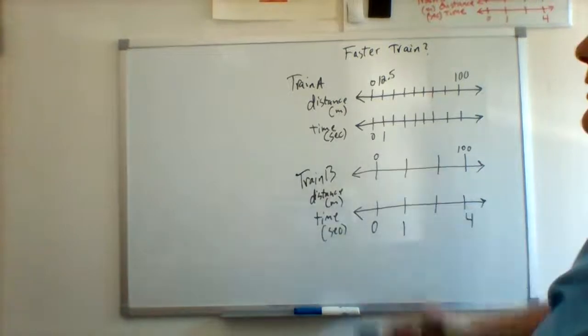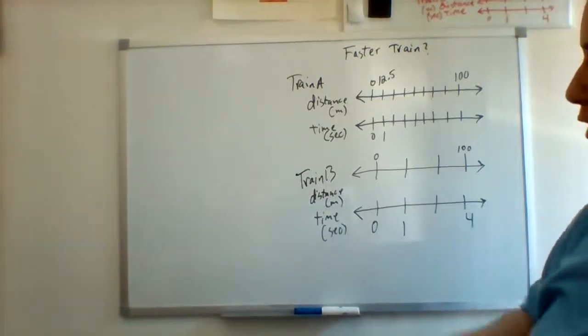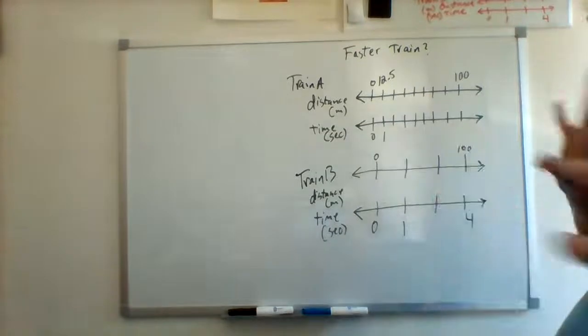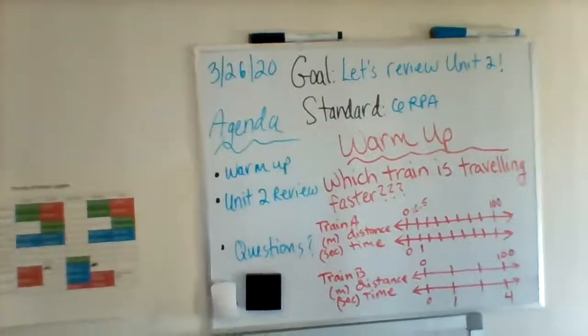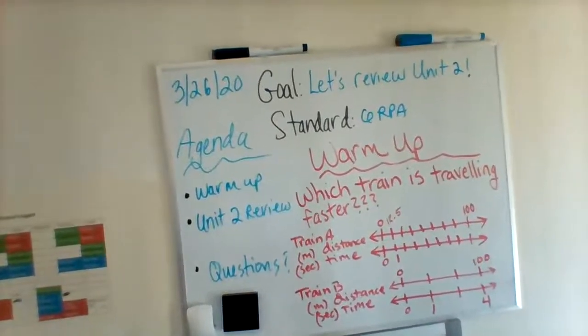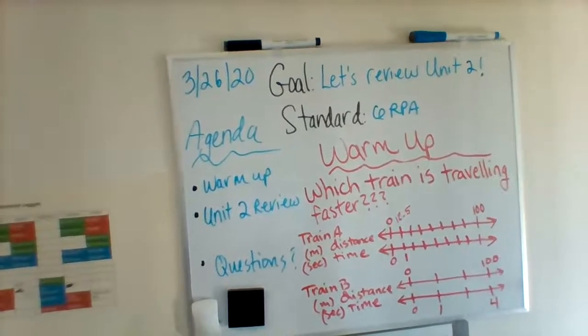And they gave us different information for each train. So that's the diagram blown up, and I will show you the agenda again so that you see what we're doing today. And there is our warm-up as well. Which train is traveling faster?